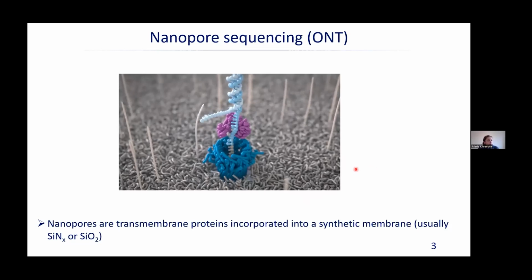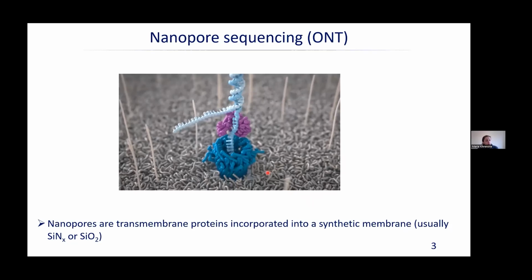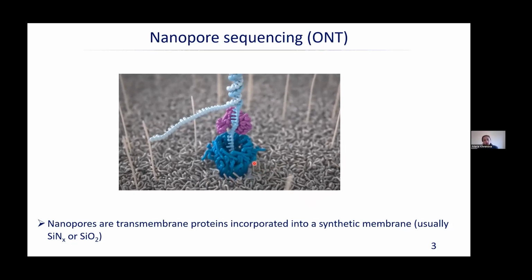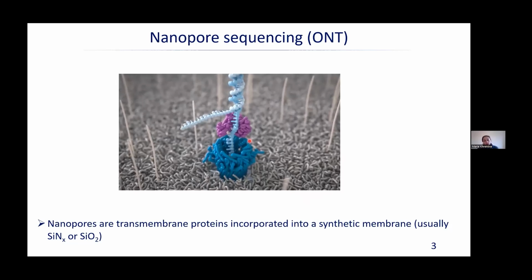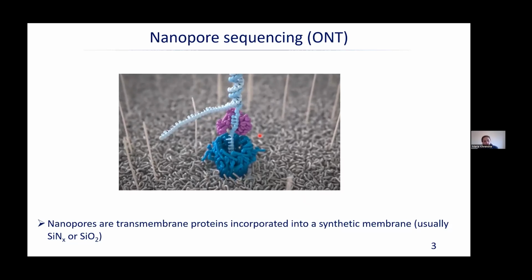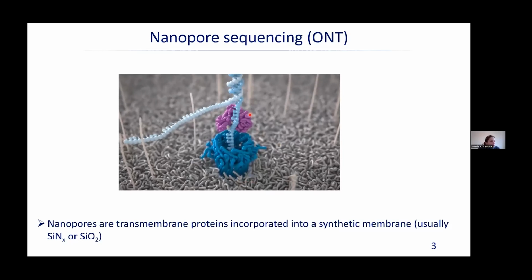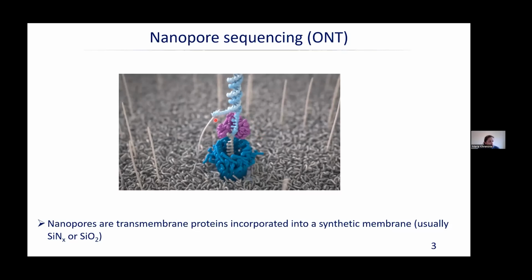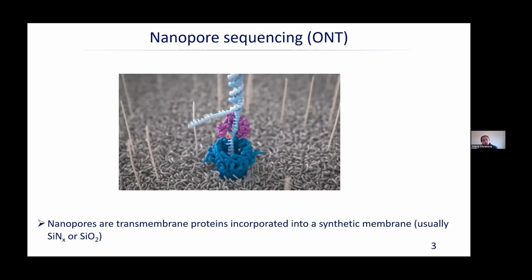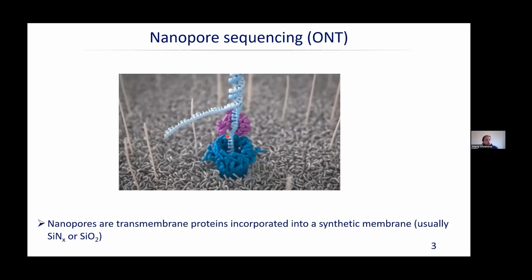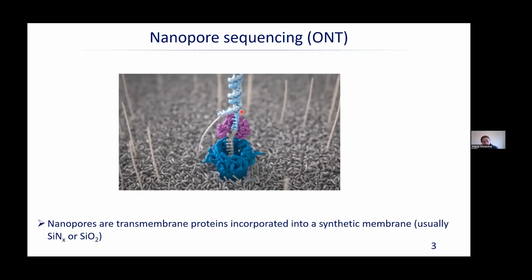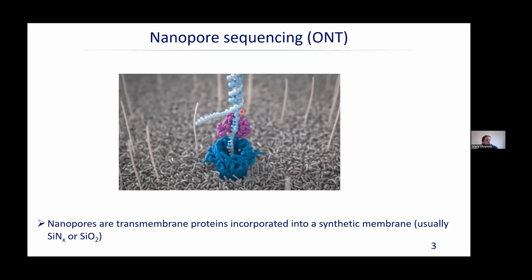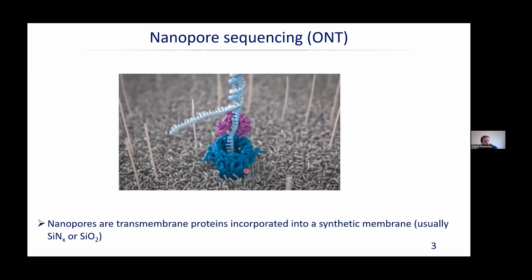This membrane incorporates transmembrane proteins that have quite large pores, and DNA or RNA can go through this pore. Here you can see this magenta protein. It's a motor protein that facilitates the conversion of double-strand DNA to single-strand, and it also helps the single-strand DNA to penetrate this pore.